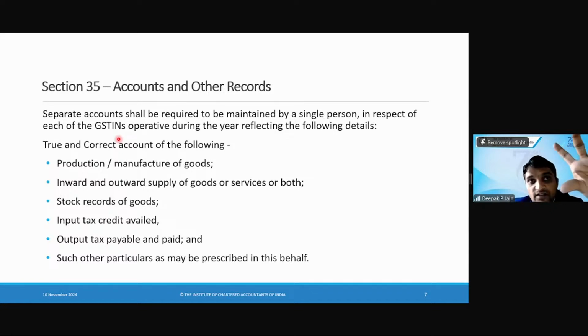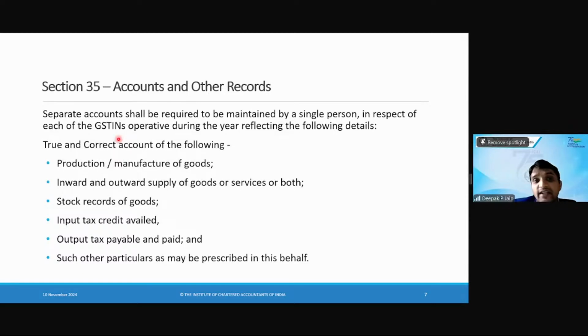You should have an inward record of what goods are purchased and what goods are sold. Then stock record of the goods. Wherever these goods are, you have to have proper physical control. So, stock record of the goods.